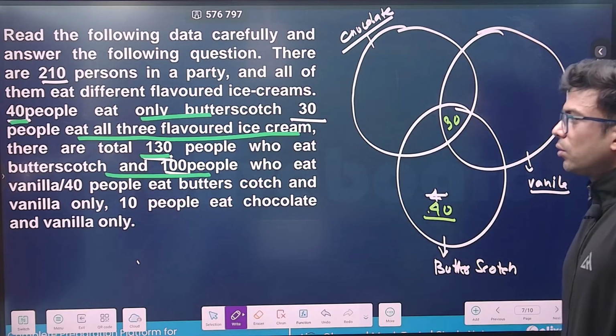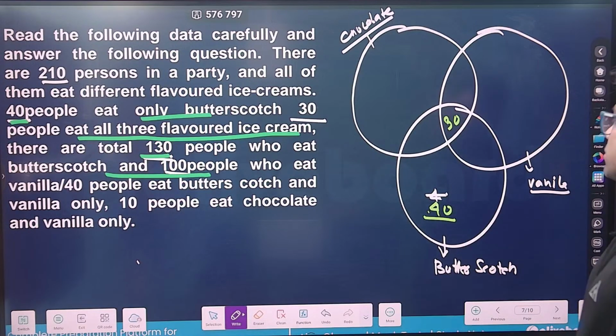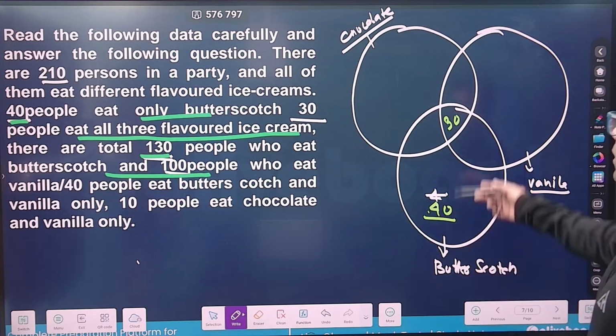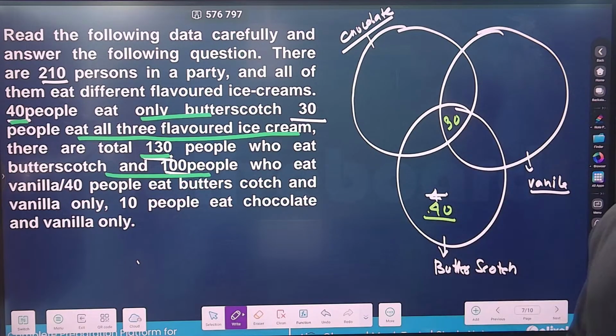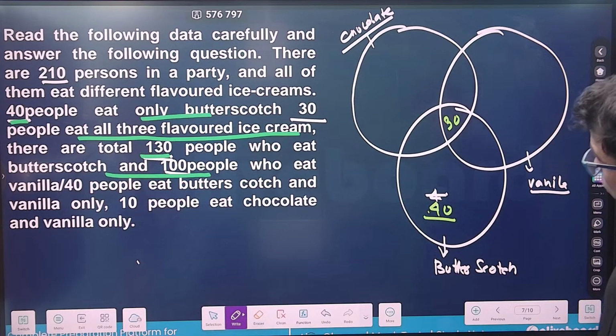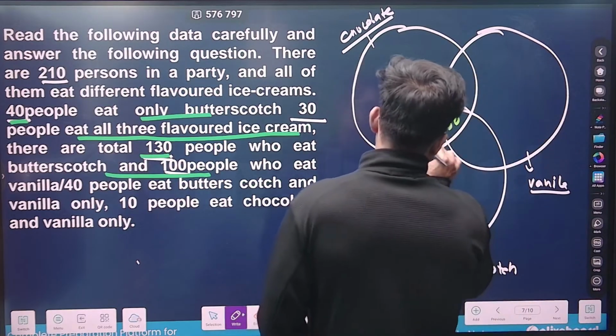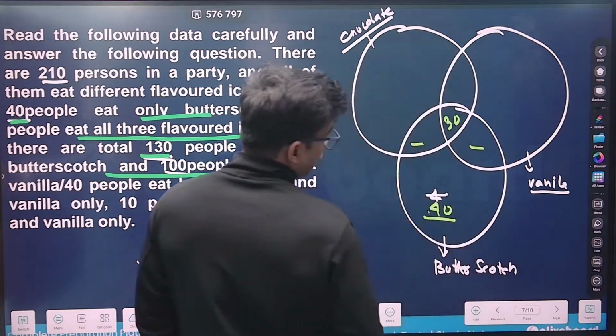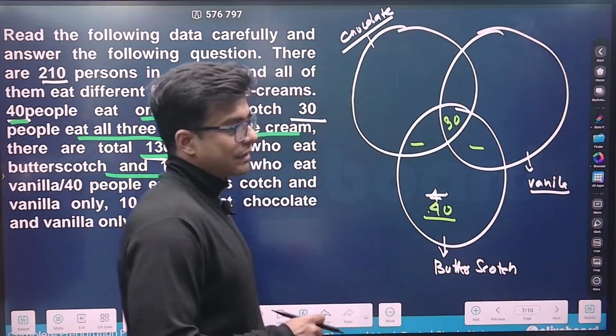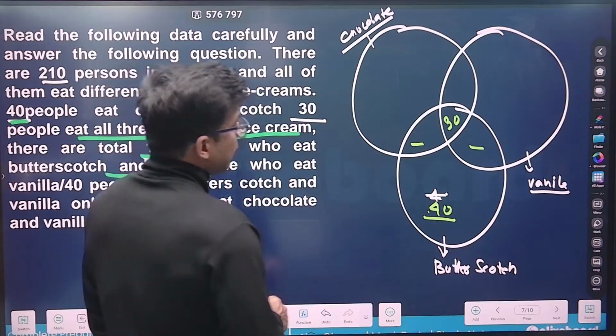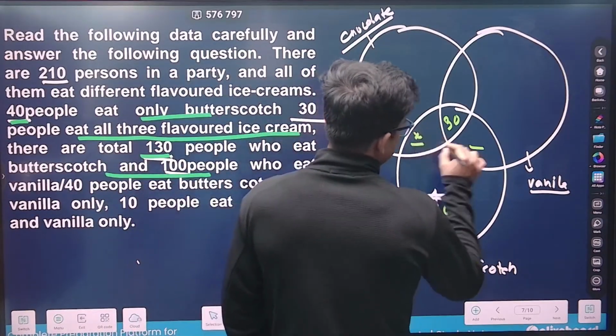There are total 130 people who eat butterscotch. Total 130 people. Now we have got like how much? We have got like 70. Now if you have 70 and you want to go for 130, then this sum and this sum would be how much? 70. So let's say I assume this as x and this as y.